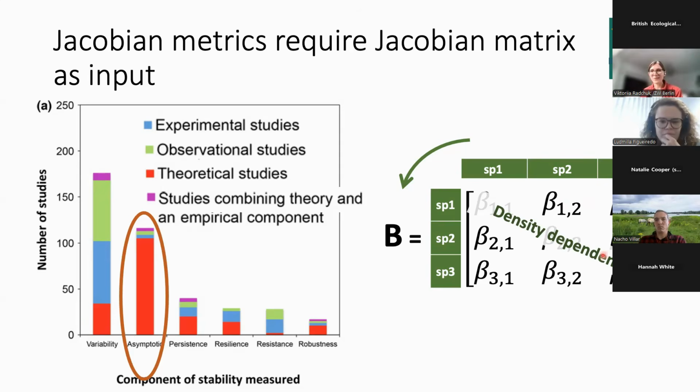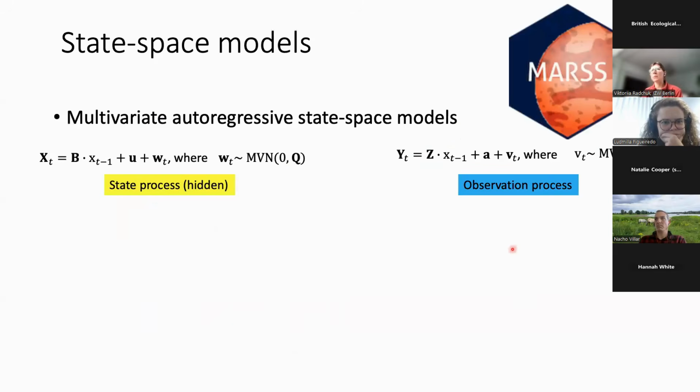I hope I'm clear, matrix and metrics is not always obvious. So how do people get the interaction strengths from the field or laboratory observation data? It differs a lot. There are different ways to get this matrix B, but we think that one of the useful and rather straightforward ways to obtain the matrix, if you have long-term community abundance time series data, is by using multivariate autoregressive state space models.